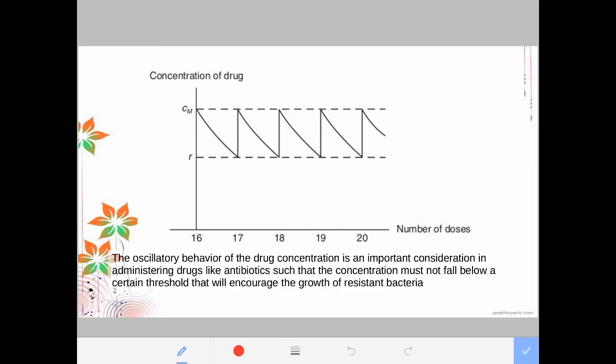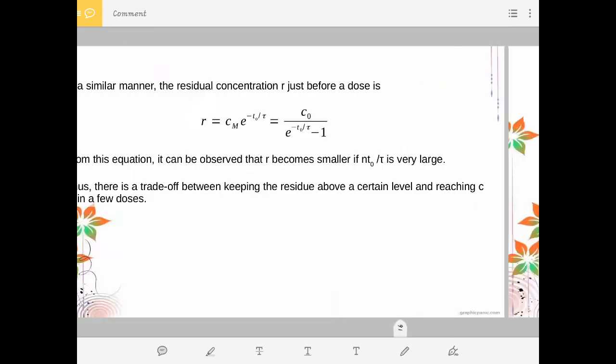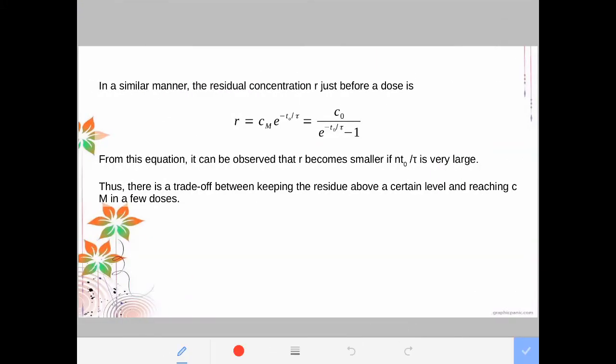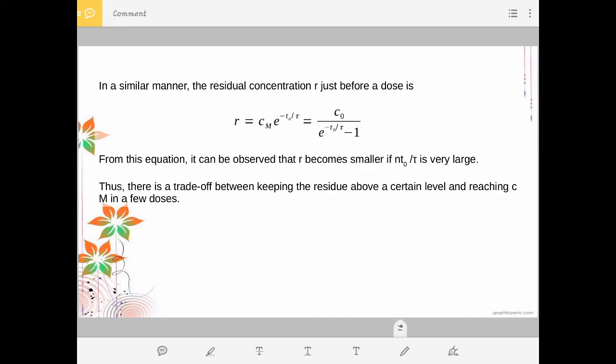Now, the thing here is, based on our model, we have a trade-off. If we increase the dosage, C0, we can keep R, the lower limit, from falling too low. However, if we increase the initial dosage, we can exceed the upper limit. So that's one of the things to consider. Another thing: instead of playing around with the initial dosage, we just play around with the time interval.